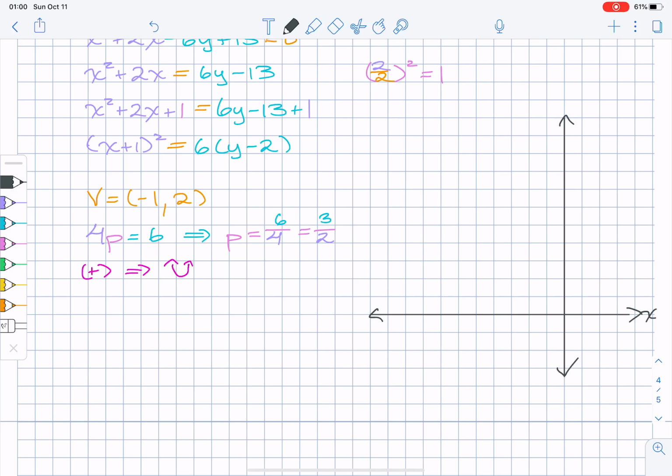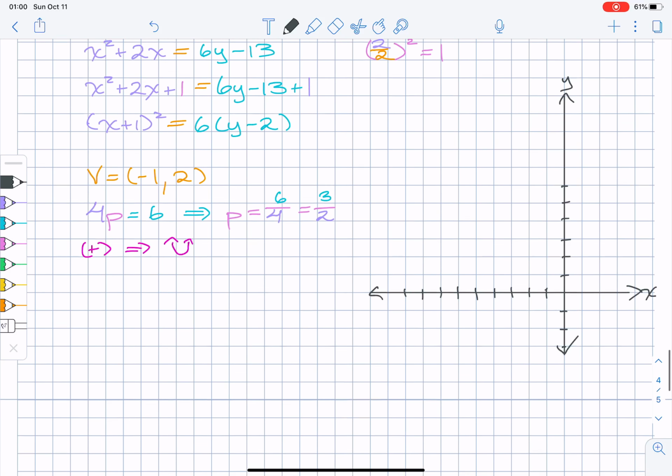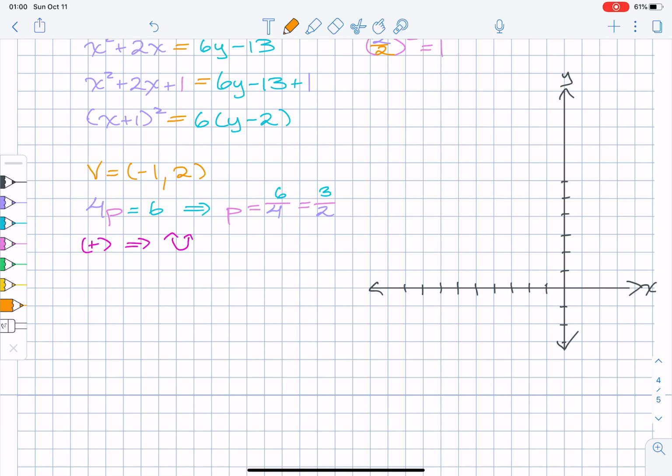So x and y, we have 1, 2, 3, 4, 5, 6, 7, 8, 9. 1, 2, 3, 4, 5, 6. 1, 2, 3. Okay, hopefully that's enough tick marks. See, negative 1, positive 2 is my vertex. It opens upwards, so I claim my focus will be 3 halves, which is 1.5, upwards.